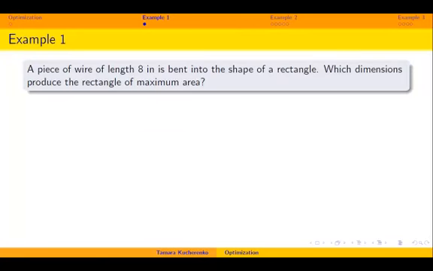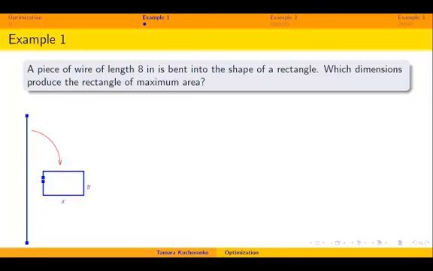A piece of wire of length 8 inches is bent into the shape of a rectangle. Which dimensions produce the rectangle of maximum area? We draw a diagram of a wire being bent into a rectangle.